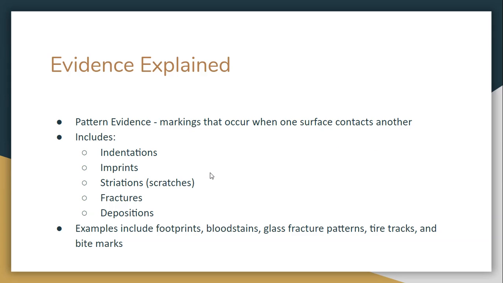Pattern evidence is markings that you get when one surface contacts another. That's going to be indentations, an imprint, a striation, which is a scratch mark, a fracture, or a deposition. So footprints, blood stains, glass fracture patterns, tire tracks, bite marks are all pattern evidence.